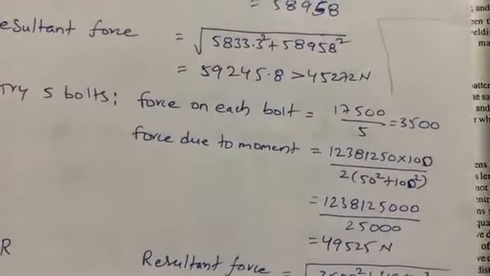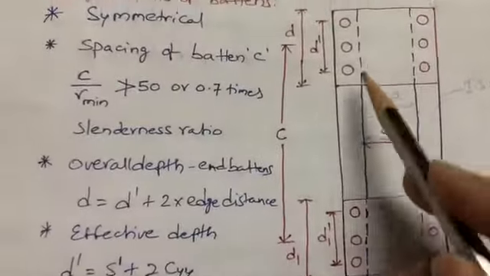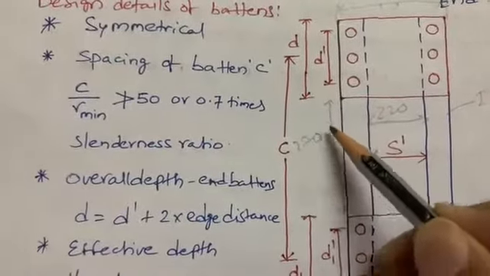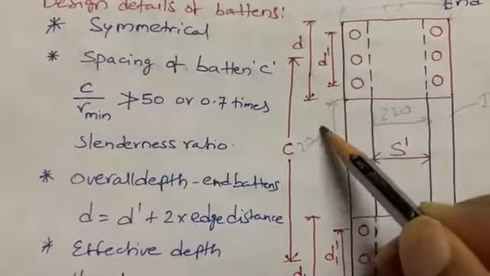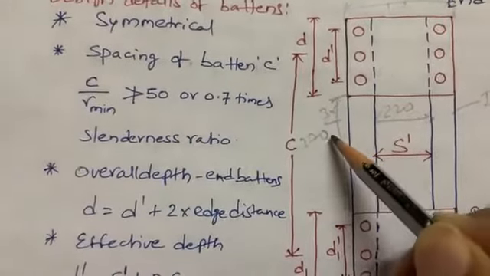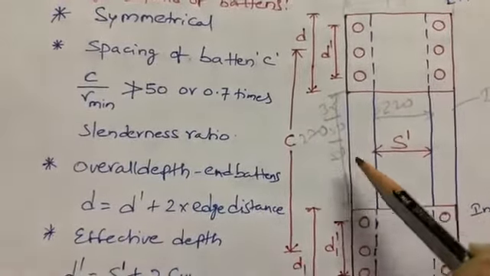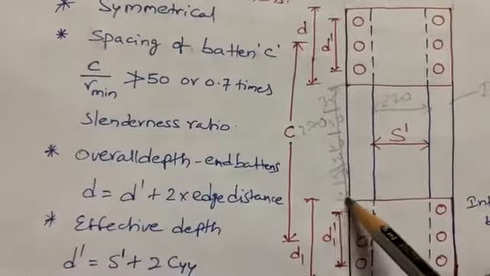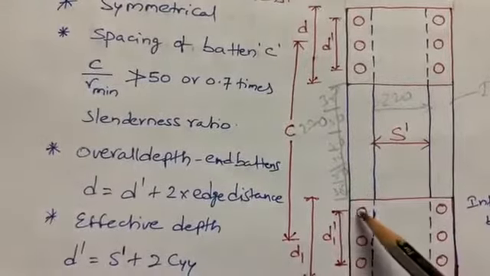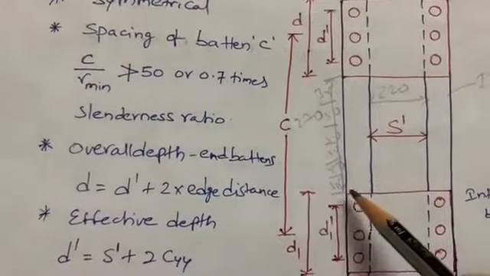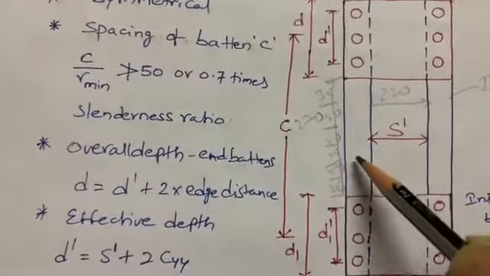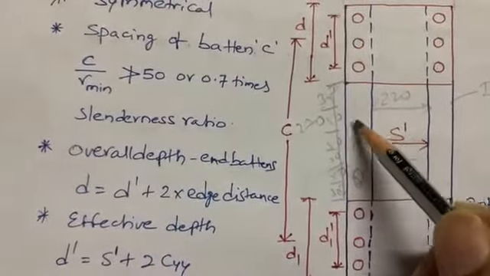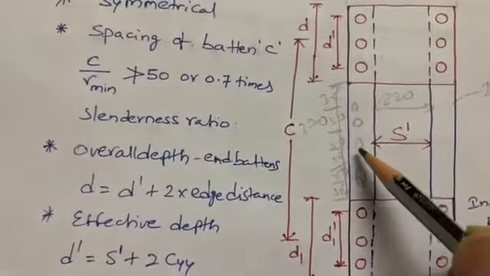R square: if the total distance we provided is 270, the edge distance is 35, and 50 spacing, total 450s. I'll draw it here: bolt, edge distance 35, so 5 bolts.